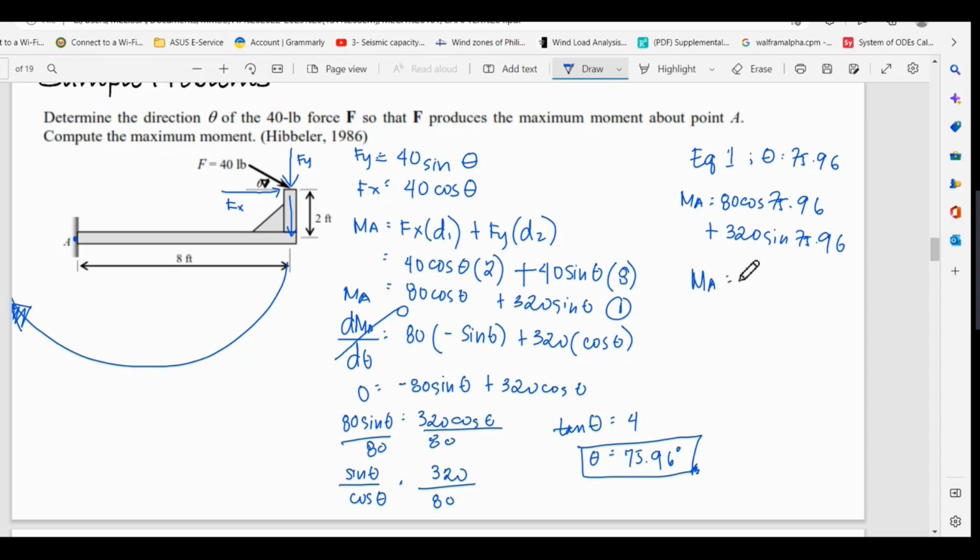Therefore, the moment at A will be equal to 329.85. Ano yung magiging unit natin? We have pounds. Okay, pounds, inches. So this will be the final answer. Moment at A will be 329.85. Therefore, that is the maximum moment if we have a theta equal to 75.96 degrees.